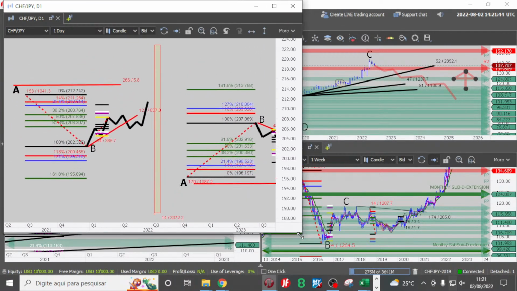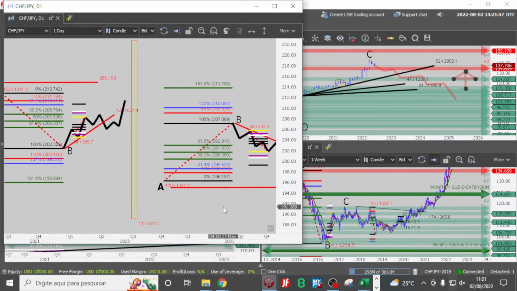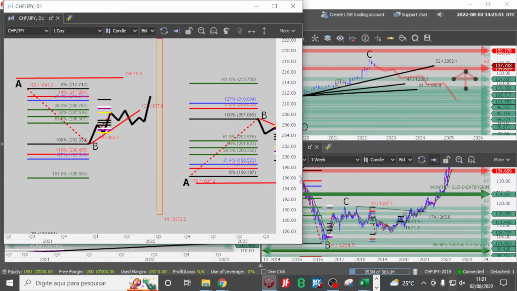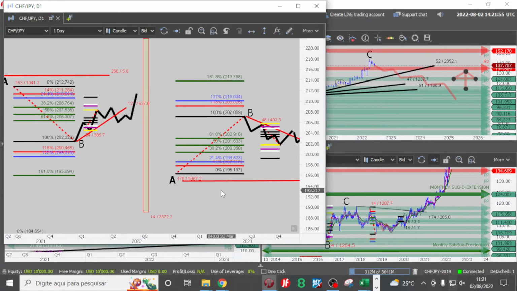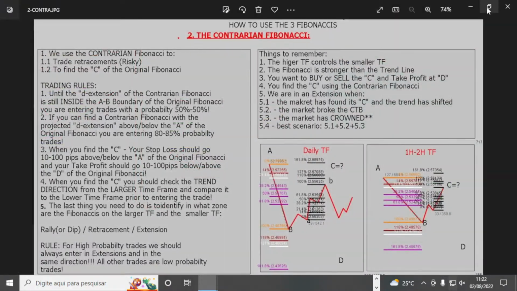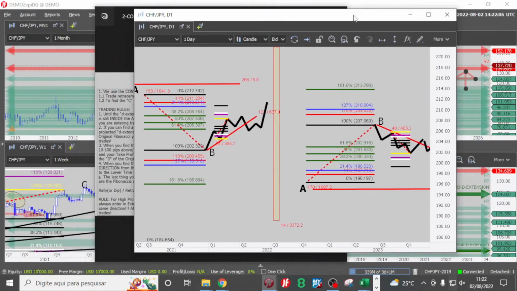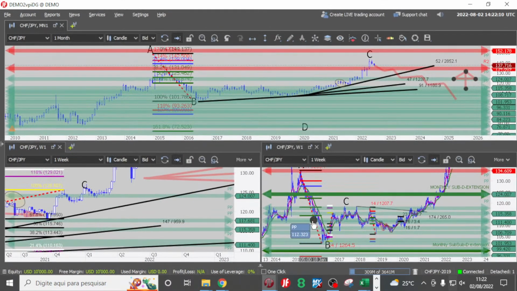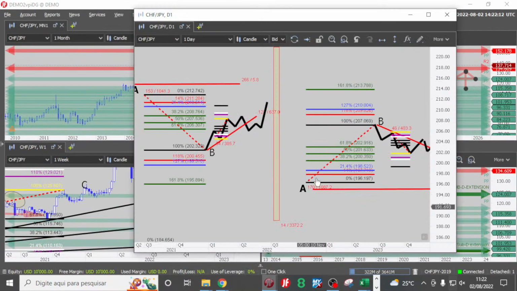Everybody, this is the picture. Let me see if I can, not like this, a little bit more on the left. And as our picture is saying, let me find the picture of the Contrarian. So this is the Fibonacci.